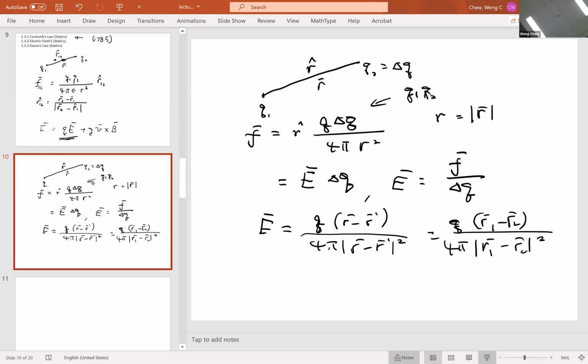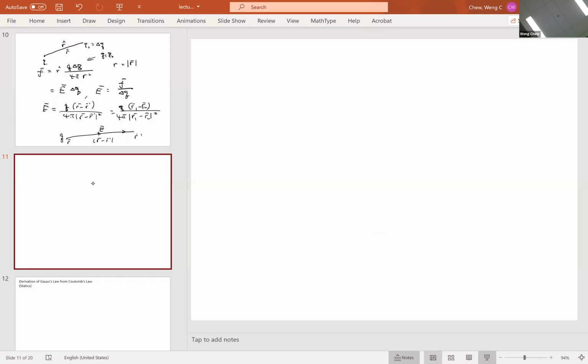So this is the definition of the electric field. If you have a charge Q here, and the distance between these two points is R and R prime, then there is an electric field going from Q to the point R prime, given by this formula. Any questions so far on this?